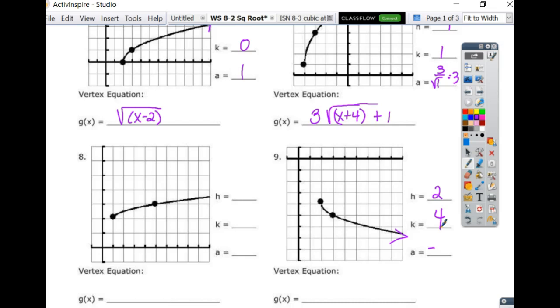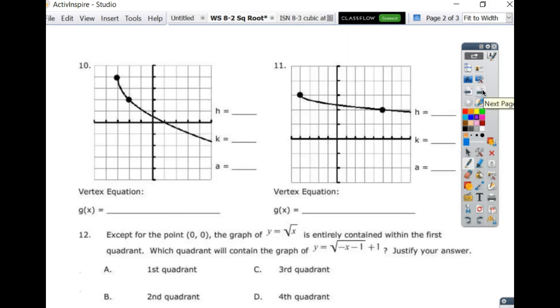It goes outside. So we're going to have negative. Which way do these go? Down. So this is a negative outside. So it's a positive when it points up, and it's a negative when it points down.